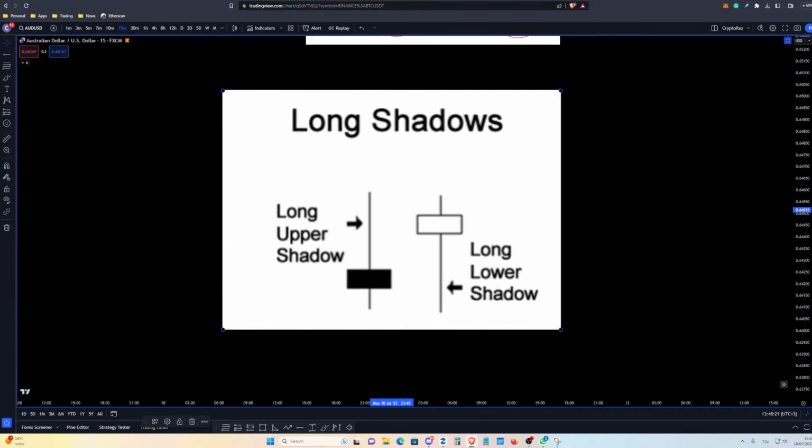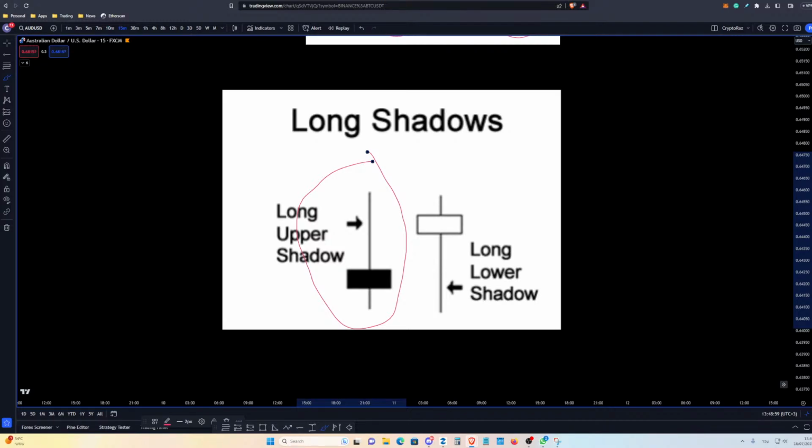Now we'll talk about long shadows. Japanese candlesticks with short shadows indicate that most of the trading action was confined near the open and close. Okay. If a candlestick has a longer upper shadow, meaning a longer tail to the upside, and a short lower shadow, as you can see in this candlestick right here, this means that buyers flexed their muscles and bid price higher.